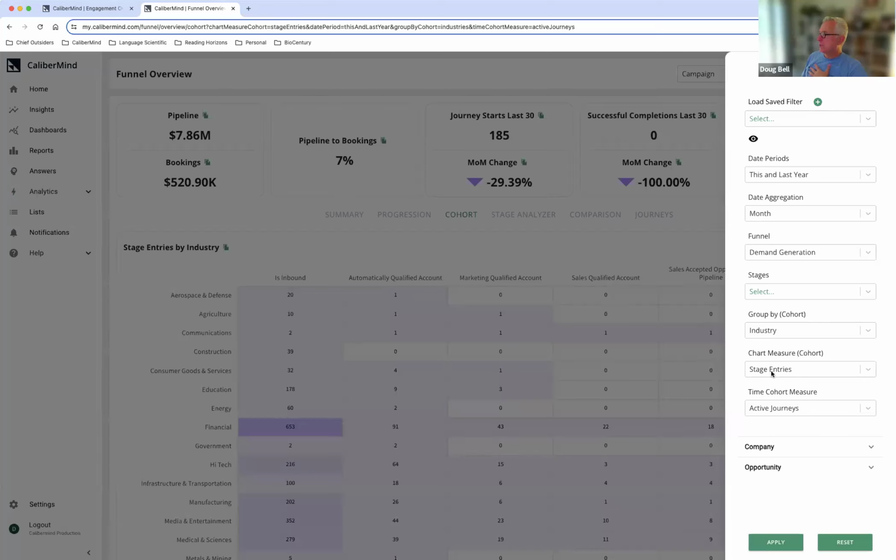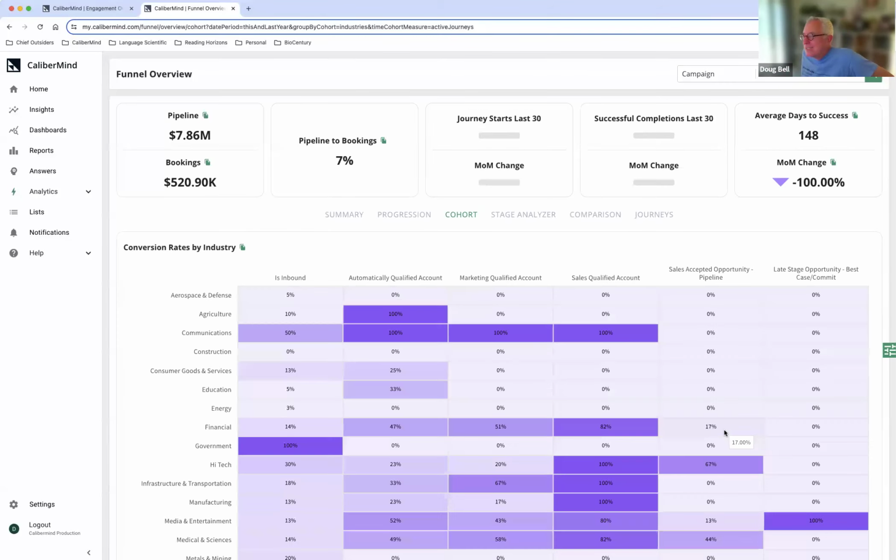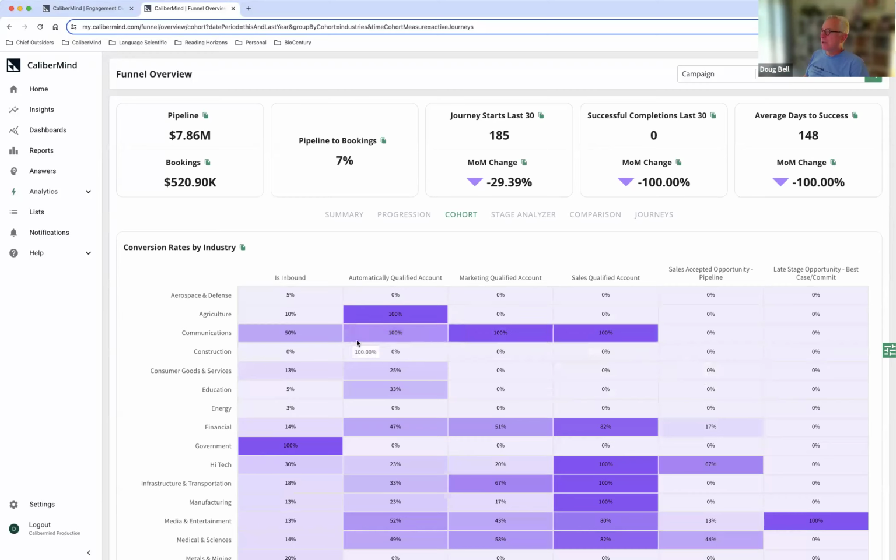So instead of stage entries, which was the gross number I was seeing, I'm going to look at conversion rates. This gives me a really solid picture of what those conversion rates look like on down the funnel. Our funnel includes inbound, automatically qualified accounts, marketing qualified accounts, all the way through to late stage pipeline. We use that because we don't think about individuals, we think about accounts in our funnel.